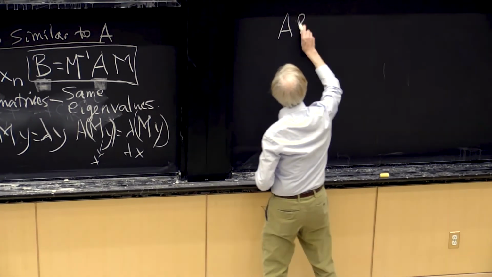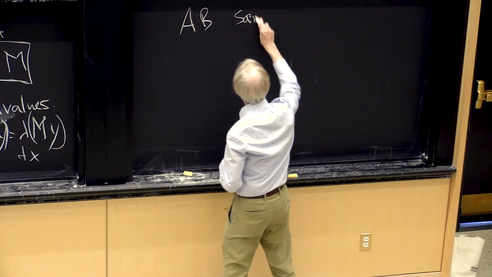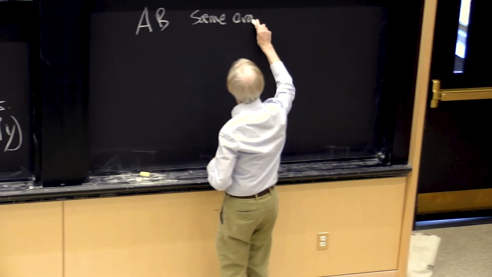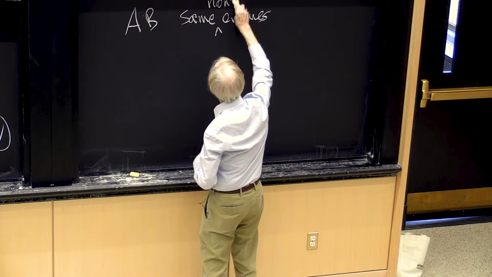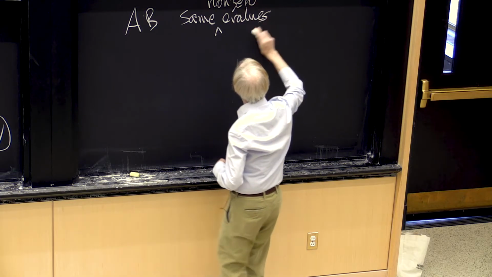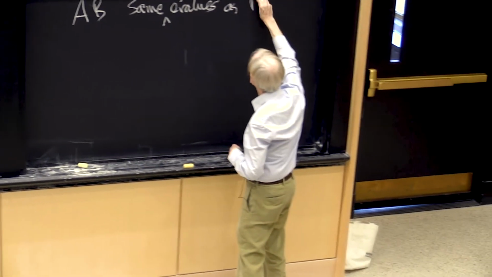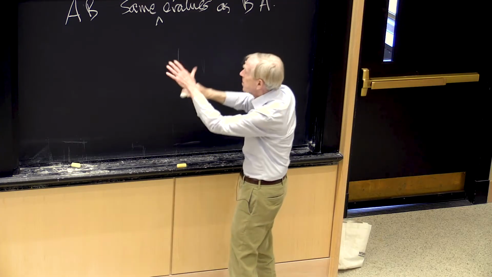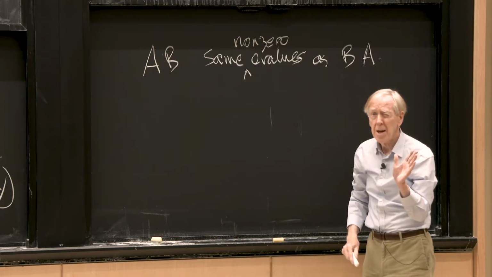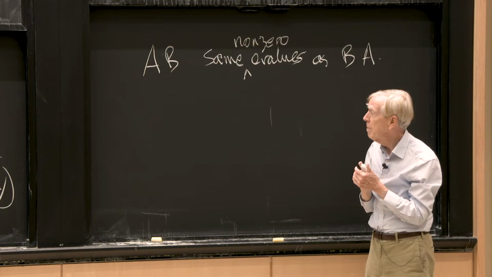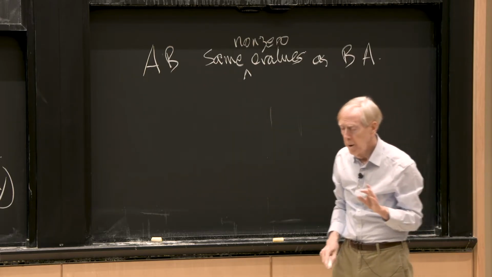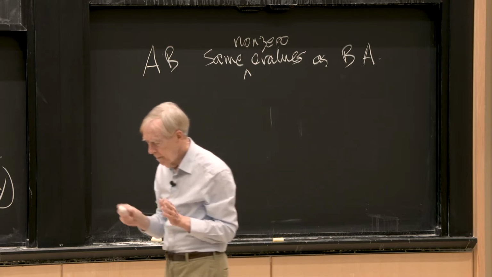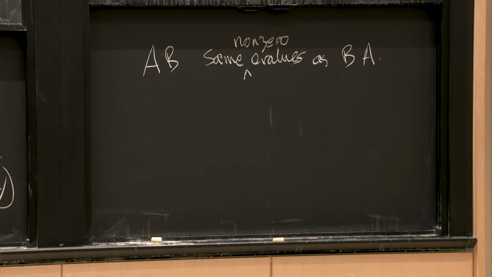AB has the same eigenvalues, the same nonzero ones, you'll see, as BA. This is any A and B of the same size. I'm not talking similar matrices here. I'm talking any two A and B. So that's a good thing that happens.